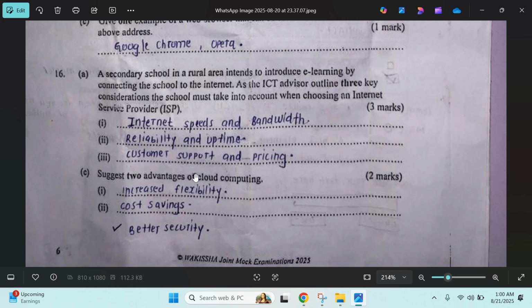Then the next part of that question was: suggest two advantages of cloud computing. I think it was supposed to be part B. There was a mistake there. The first advantage of cloud computing is increased flexibility. Cloud computing simply means delivering services over the internet.